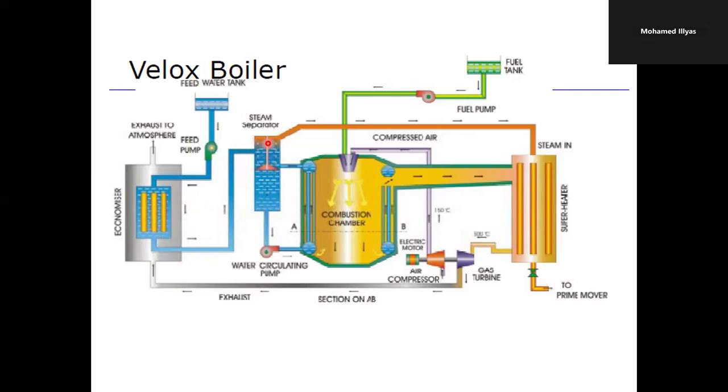and the steam which is at the top of the steam separator is supplied to the superheater. So the steam will be converted into superheated steam by enhancing its pressure and temperature. And it is supplied to the prime mover, that is the steam turbine, for producing power.